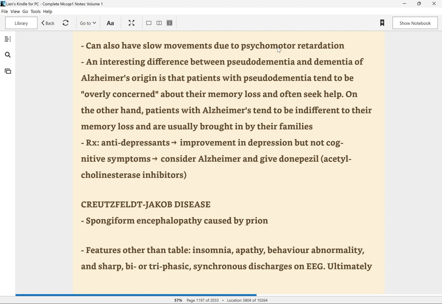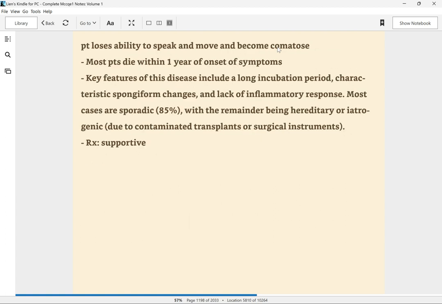Creutzfeldt-Jakob disease, spongiform encephalopathy caused by prion. Features other than dementia: insomnia, apathy, behavior abnormality, and sharp, bi- or tri-phasic, synchronous discharges on EEG. Ultimately, PT loses ability to speak and move and becomes comatose.